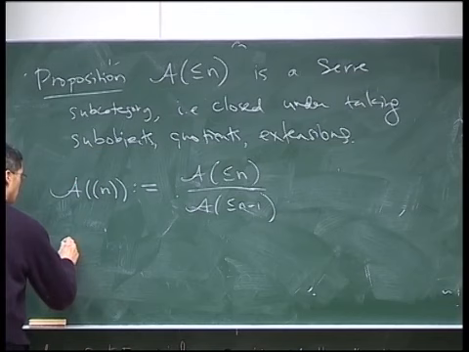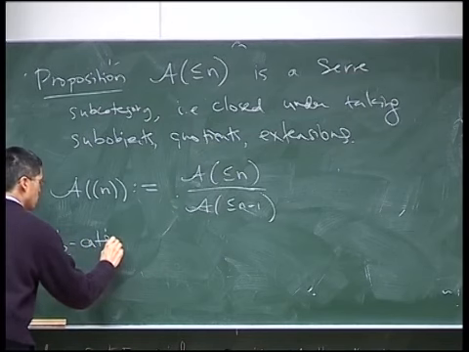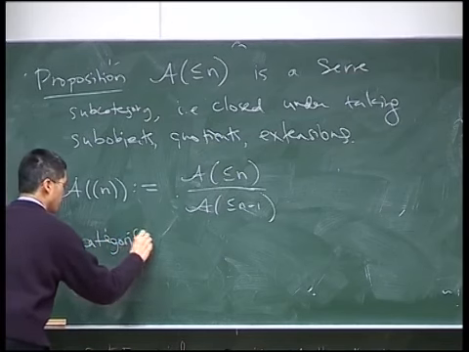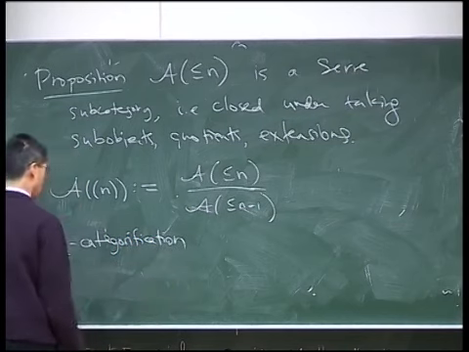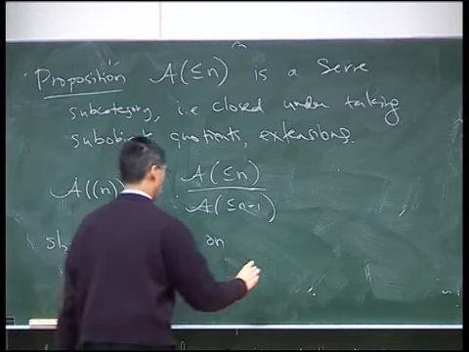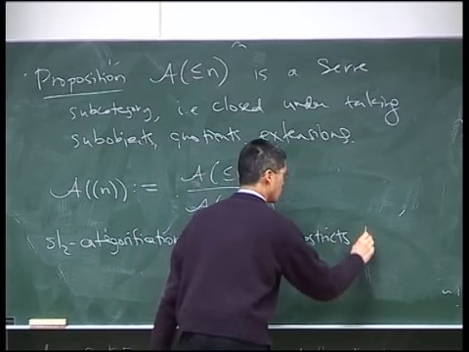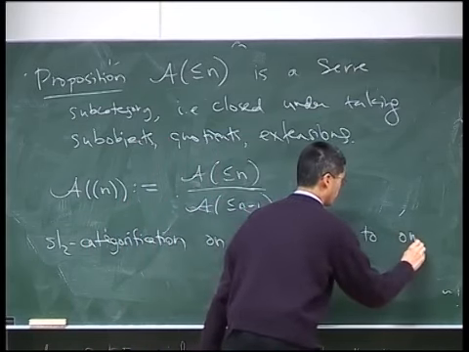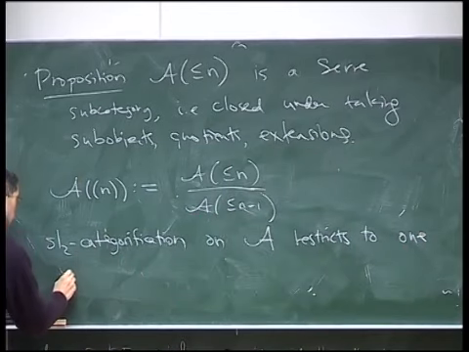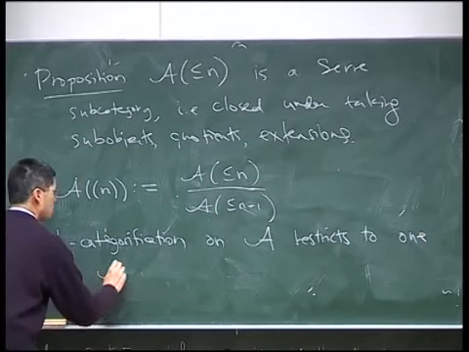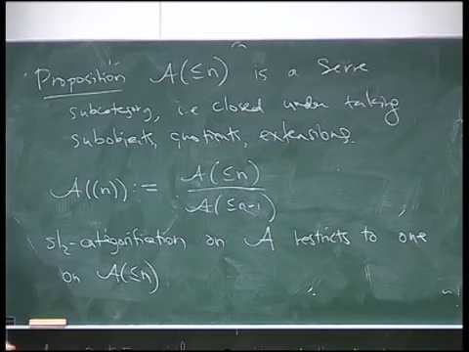The idea is that the structure of an sl2 categorification on A restricts to an sl2 categorification on these Serre subcategories, and then also passes to the quotients as well.